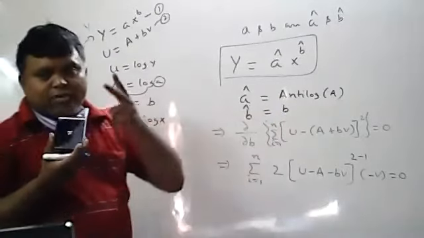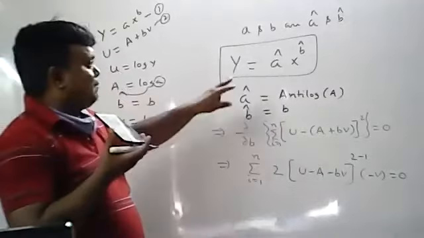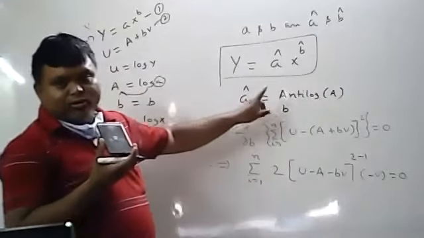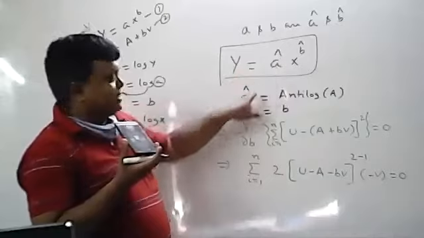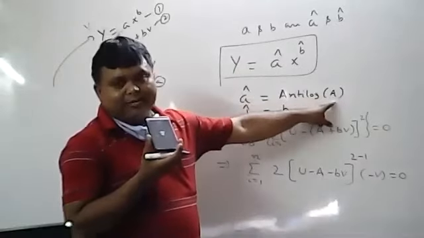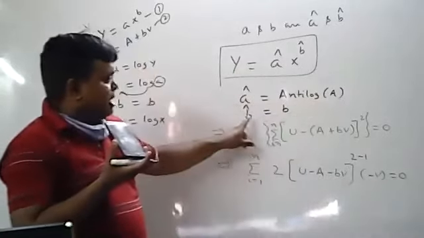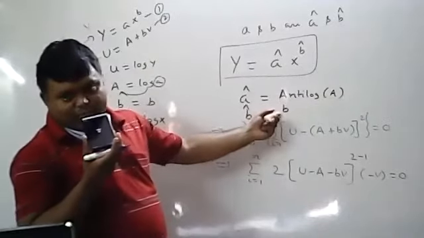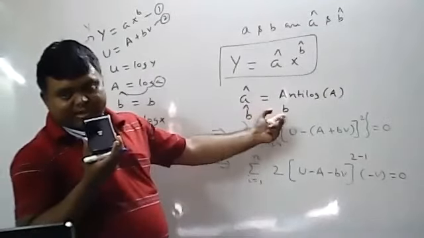That means if you solve the 3 and 4 equations, you will get capital A and capital B values. But I don't want capital A, I want small a. How will you get the small a value? By finding anti-log of capital A. Small b value will be as it is, so b crown is nothing but b value.